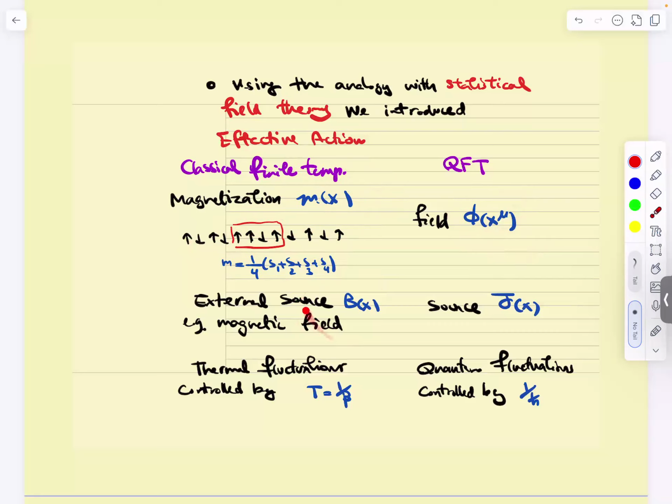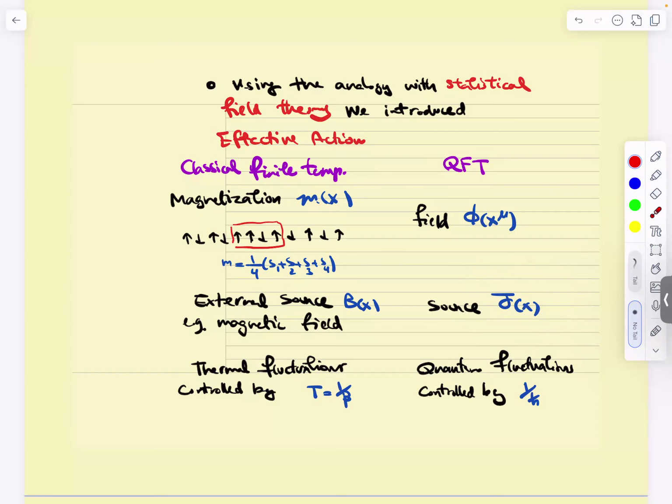There's an external field in the partition function. We apply an external field and then study the response, right? That's the story of classical finite temperature physics. You study linear response, for example, or nonlinear response. Similarly, we do the same thing in quantum field theory by introducing sources, right?